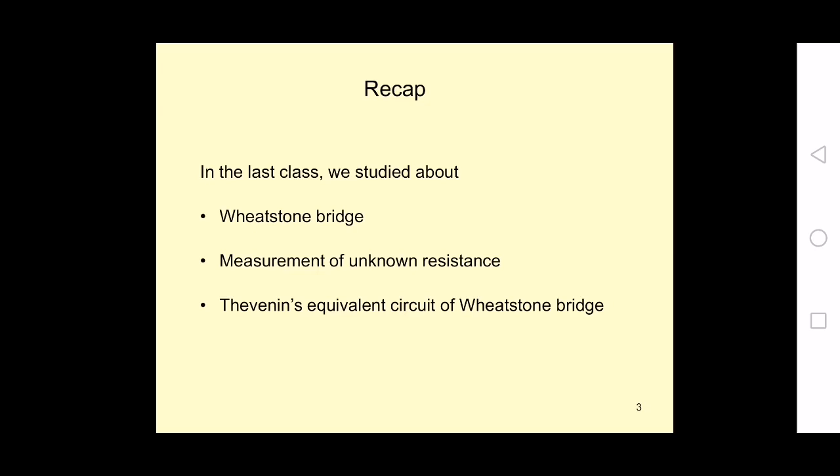We measured the values of currents I1 and I2, which are equal to I3 and I4, and with simple mathematical calculations we got the unknown resistance: Rx equals R2 R3 by R1. We also discussed the applications and limitations of the Wheatstone bridge.